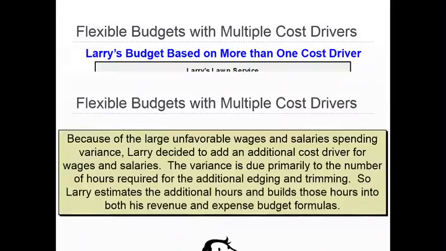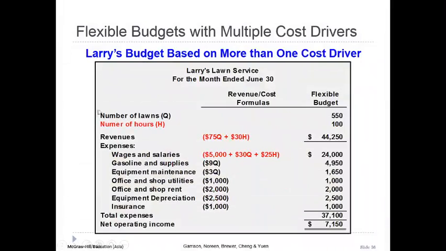So here, this is the first cost driver, and the second one is the number of hours that the employees have to spend to mow, edge and trim the lawn. Instead of having just one cost driver, which is the number of lawns, Larry has added another cost driver, which is the hours spent to trim and mow the lawns.